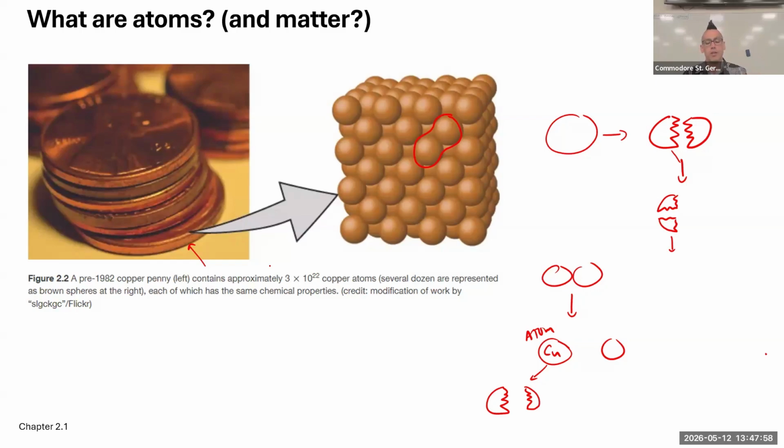Same with gold, same with oxygen. The atom is the smallest unit that still retains its chemical properties.